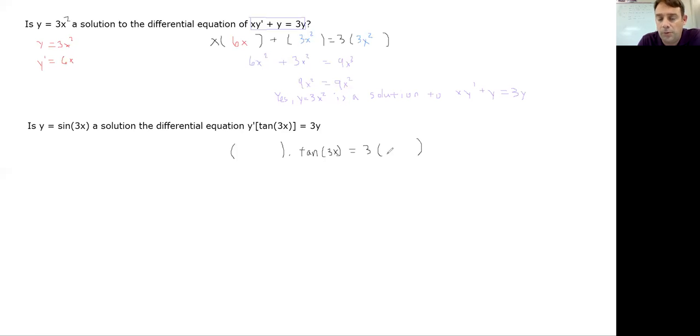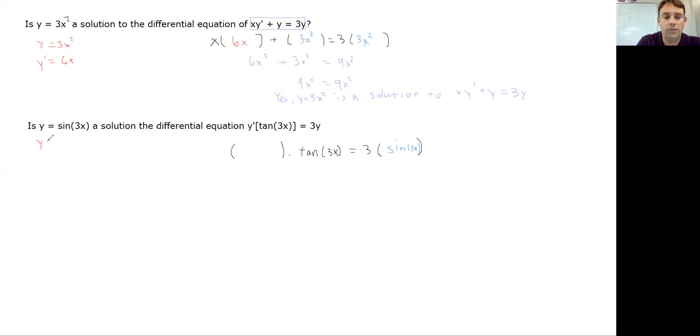I know what y is, so I'm going to plug that in. That was sine of 3x. What I don't know is what y prime is, so we're going to figure that out here.